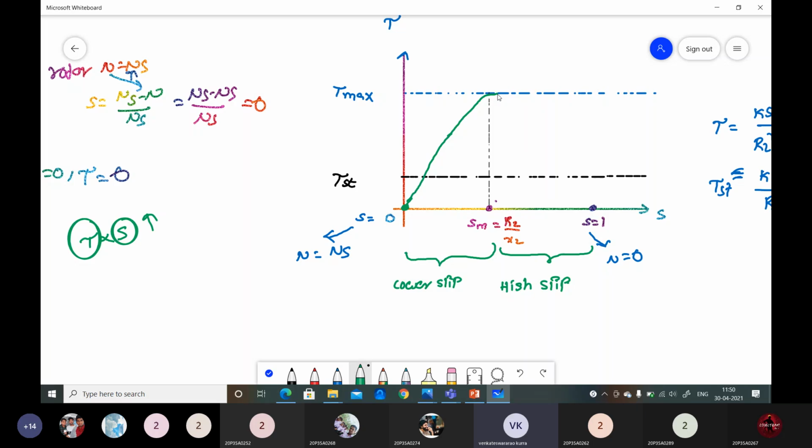This is our maximum torque. This is variation of the torque with respect to slip for lower values of slip.